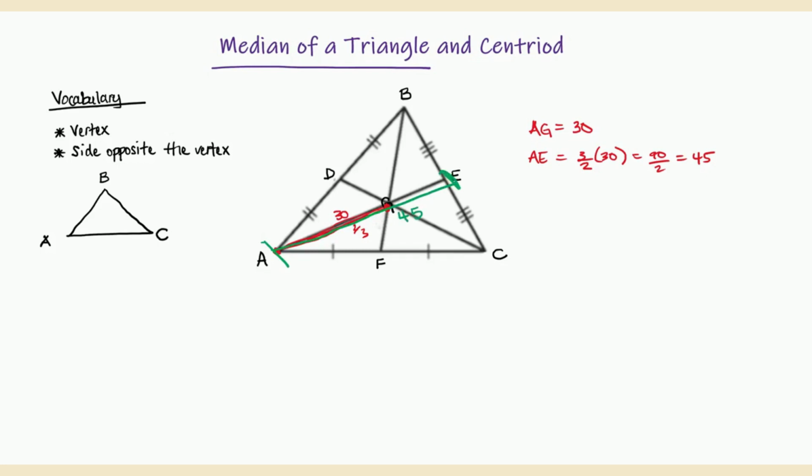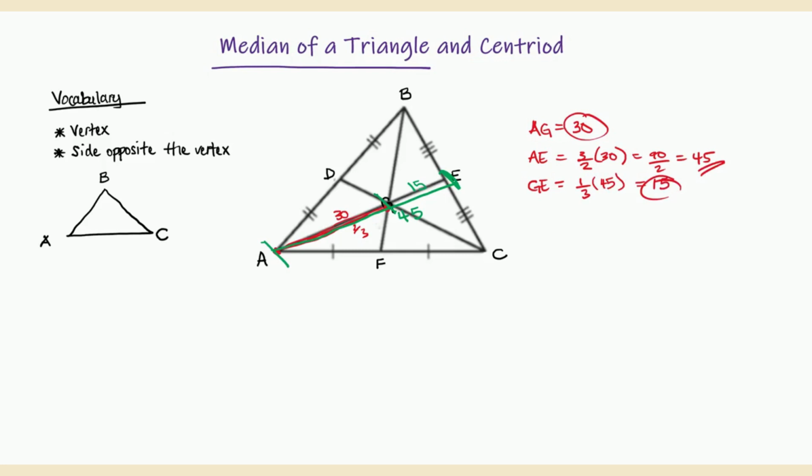Now you have a couple of options. You know that part of it is 30, so to make 45, then this part must be 15. Or you can take a fraction, since you know that GE represents 1/3. GE would be 1/3 of the whole. Now keep in mind we found out that the whole was 45, so 1/3 of 45 is 15.